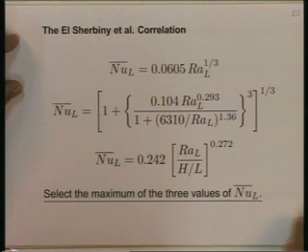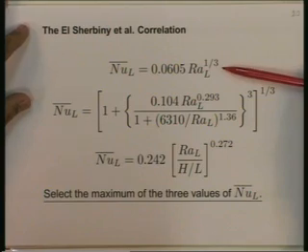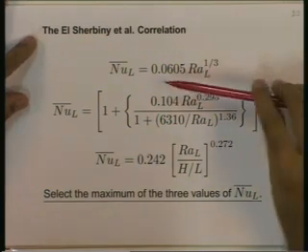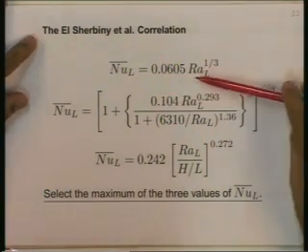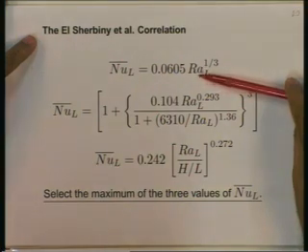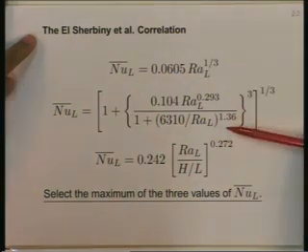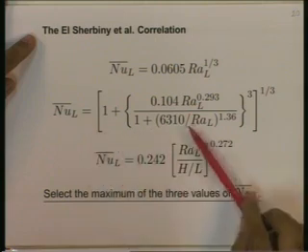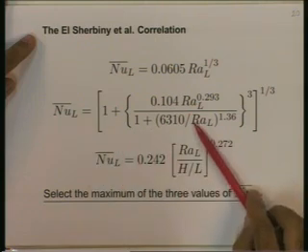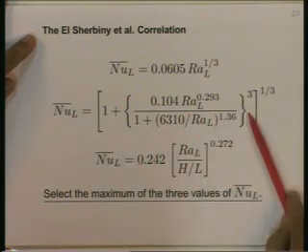Let's look at the correlation. Here there are three expressions provided for Nusselt number. Expression 1 provides Nusselt number as a function of Rayleigh number. A second expression again provides Nusselt number as a function of Rayleigh number, a more complicated one.